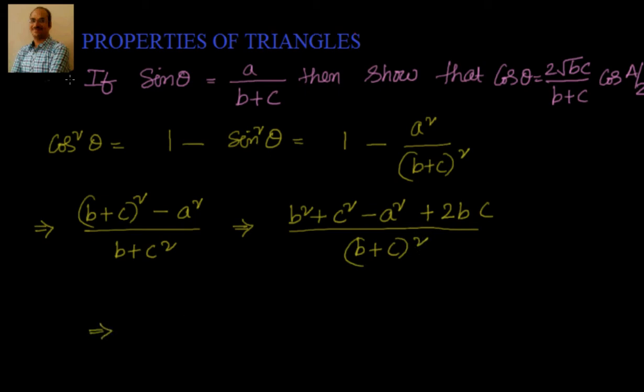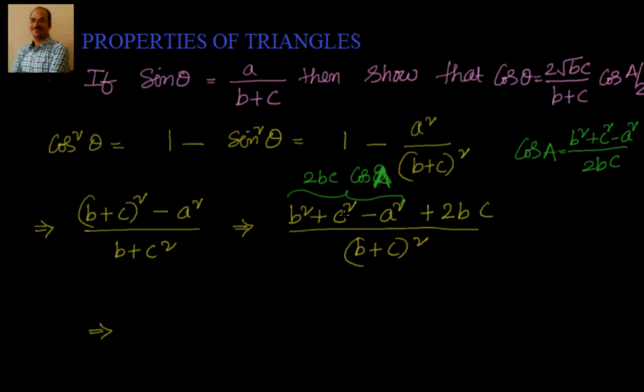Now you can see that b square plus c square minus a square is nothing but 2bc cos a, if you remember the formula. We know the formula for cos a: cos a is equal to b square plus c square minus a square by 2bc.